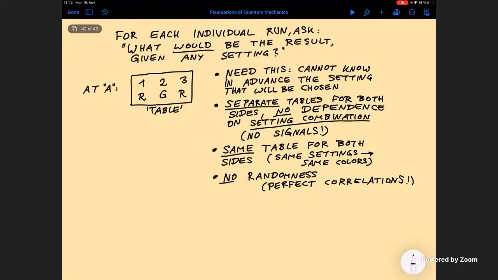And the natural explanation would be that even though in an individual table, there is no randomness. So for an individual object, if you take setting number 2, you will definitely get green. You can still have random objects, such as we explained just previously with the different shapes and sizes of the objects. So it's random tables, but no randomness within each table.